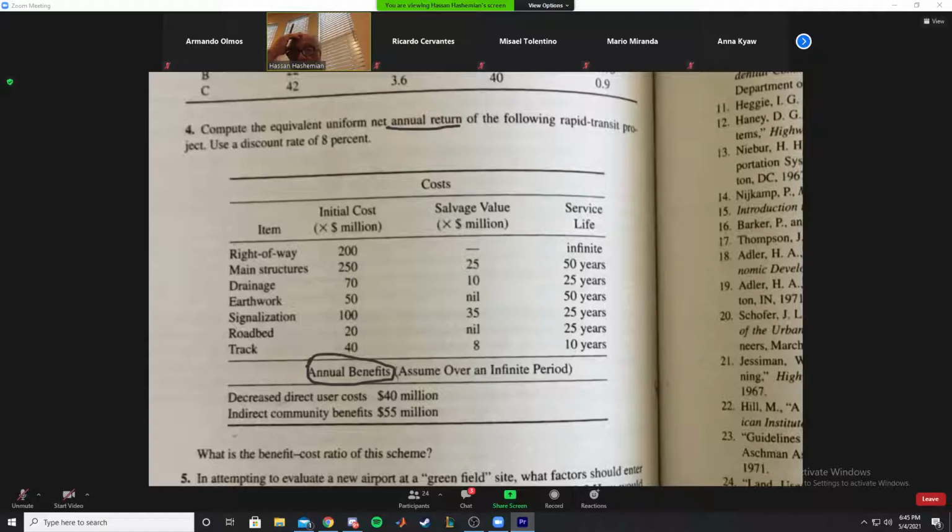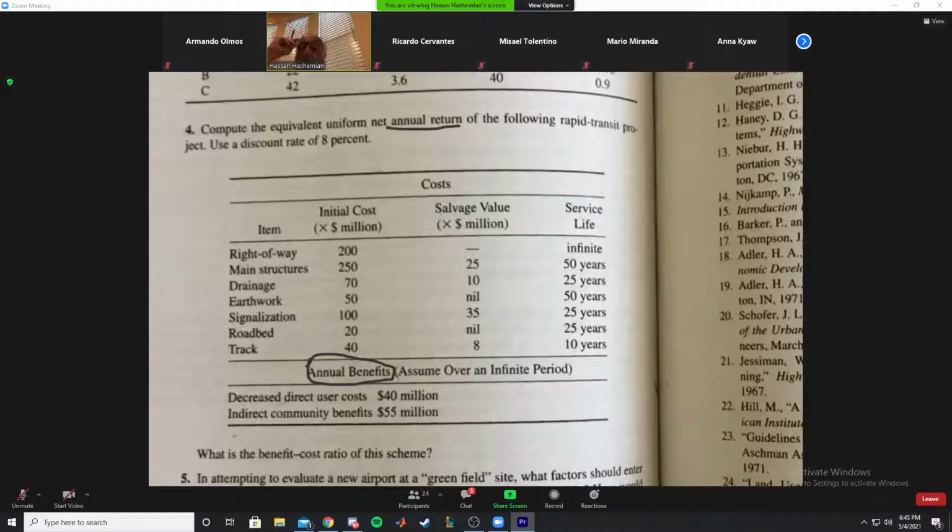These are all part of user cost. So when we say decrease, that means it's benefit. Obviously, if you go over one highway and your cost is much lower than another highway, that highway has more benefit.